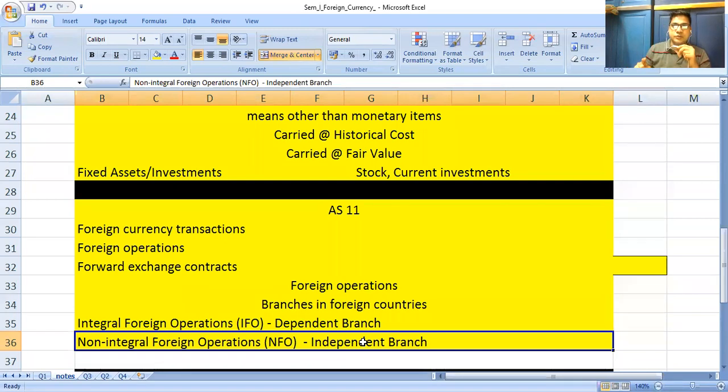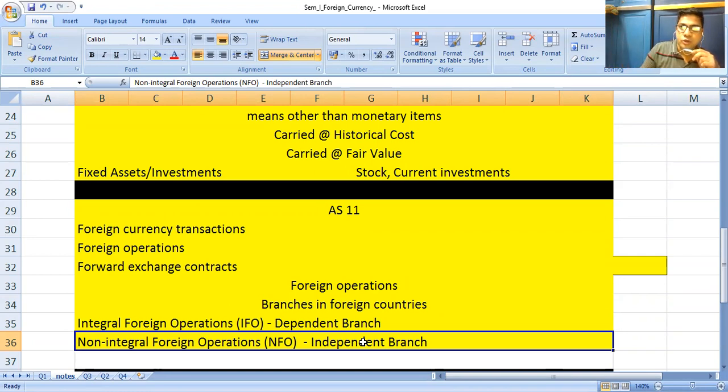Dependent branch means what? Books of records maintained by head office. Such a branch is called a dependent branch, and it is called an integral foreign operation. Independent branch means what? Books of record prepared by the branch itself. It does not depend on head office.